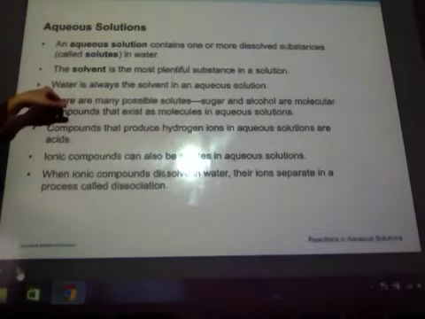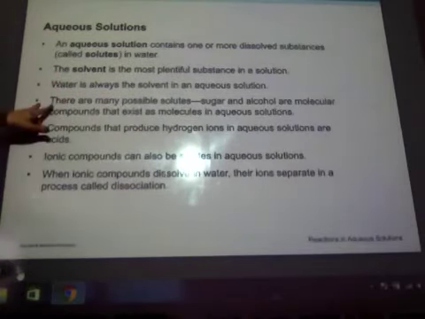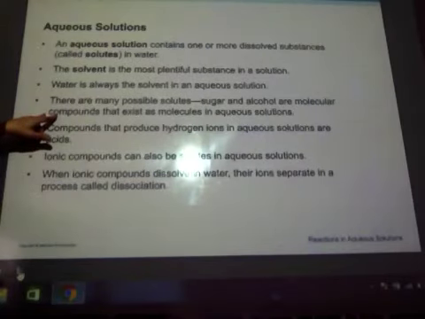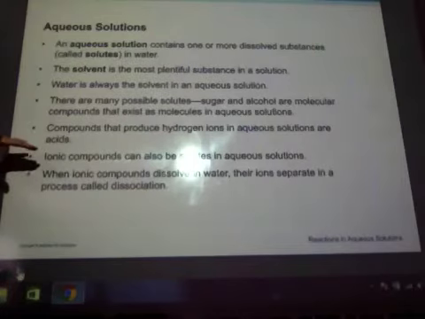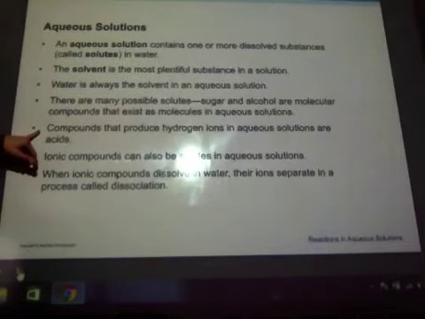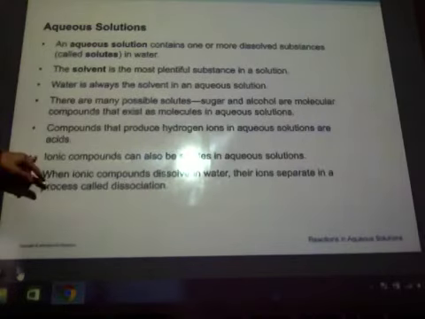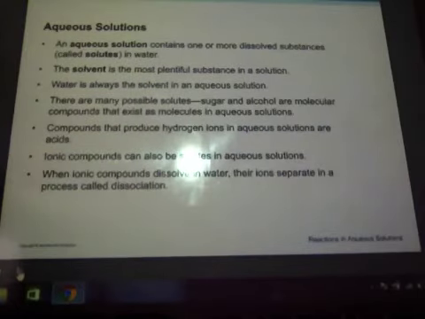That's what we use to dissolve it. Many solutes, sugar, alcohol, or compounds can be put into solution. Anything that produces hydrogen ions is going to be an acid. And we're mostly going to look at ionic compounds because they're going to split apart, and we'll look at that.